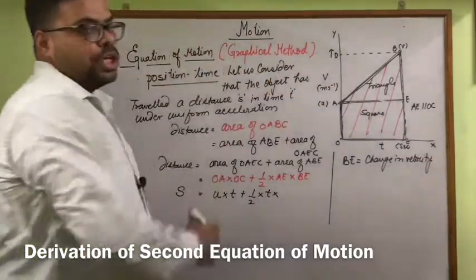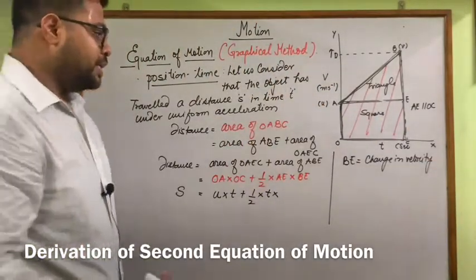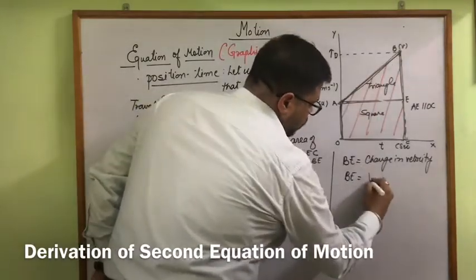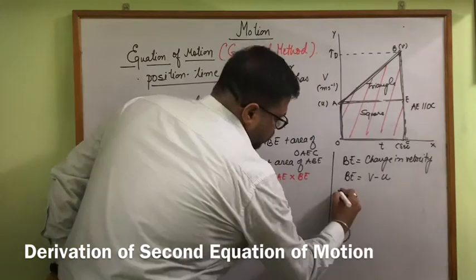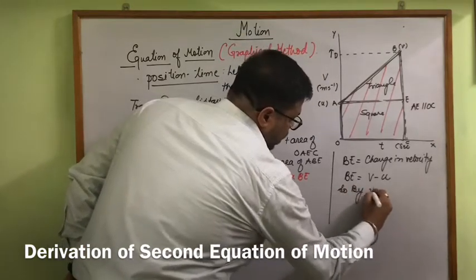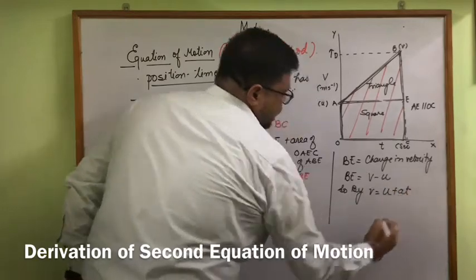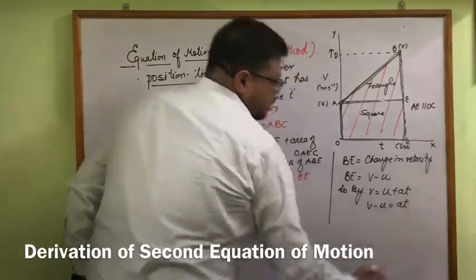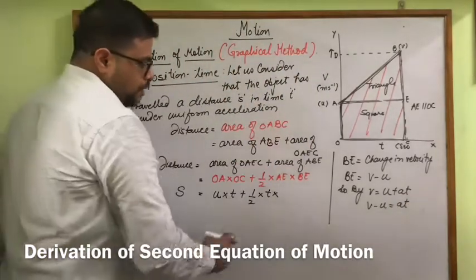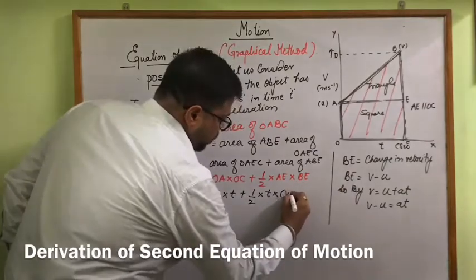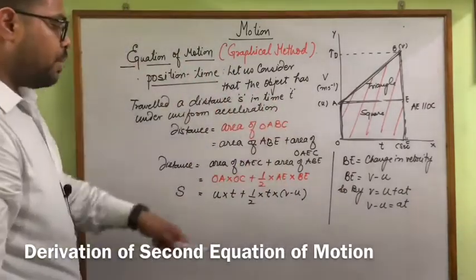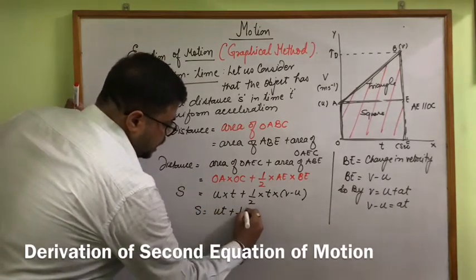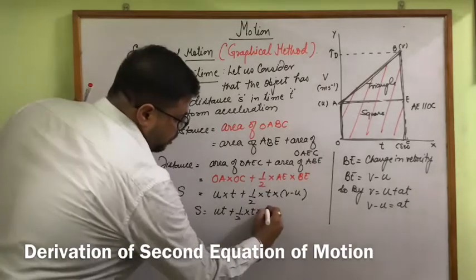In the previous equation we already used BE equals V minus U. So by V equals U plus AT, we can write V minus U equals AT. Here I follow the same thing: BE equals V minus U, and V minus U is AT.